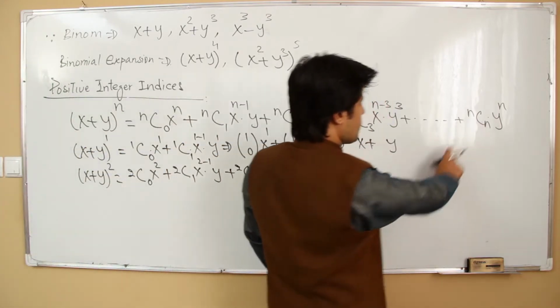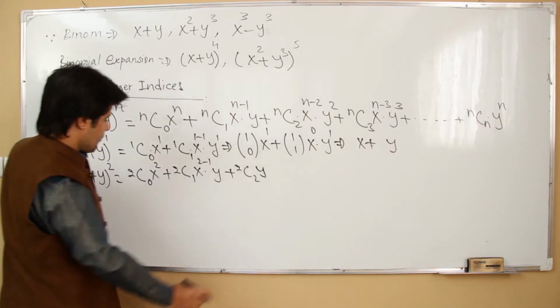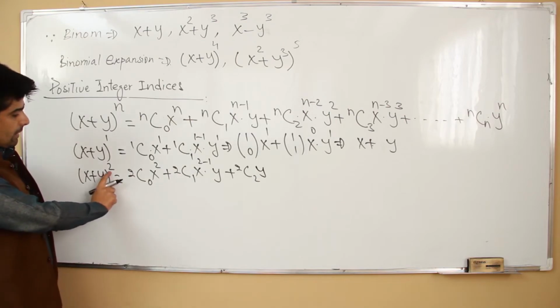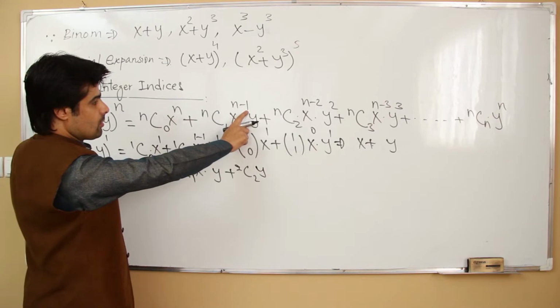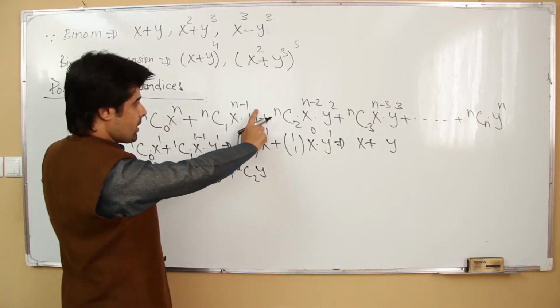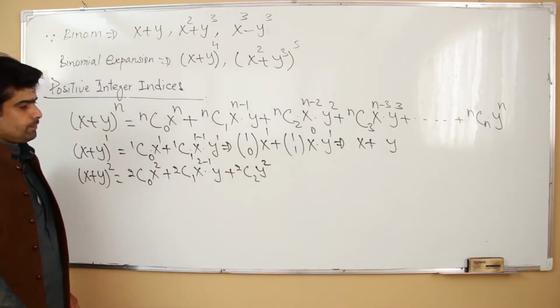Now you find up to this part, y raised to the power n. n is 2. Listen here: n minus 1, and y is 1, the second y is 2. Like this one. Am I right?